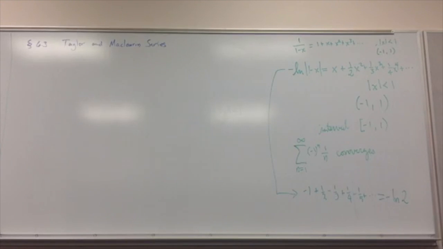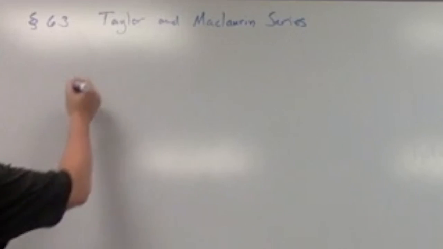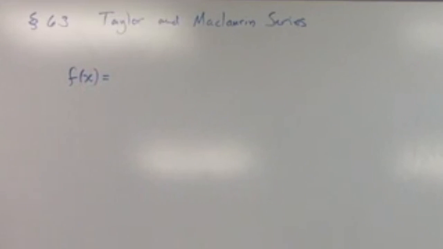So suppose you have an arbitrary function, and you want to find the power series. We've seen examples of this, of particular functions, and we figured out some clever ways to come up with power series. But what if you don't have any clever ways?